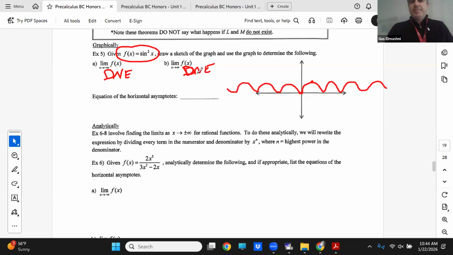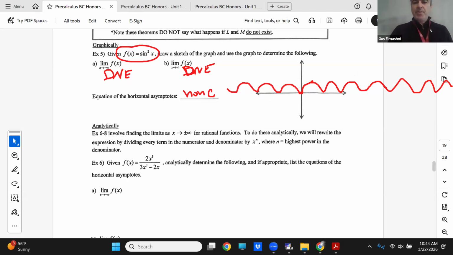So, none, because I just don't know what to say about that. It just goes up and back and forth. As x approaches positive infinity, what's it going to be? Does it ever settle? Does it ever get close to a certain value? No, it does not. It's just oscillating between 0 and 1 over and over again.